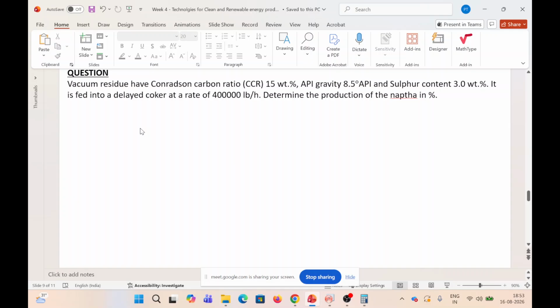Determine the production of naphtha in percentage. How do you solve this problem?